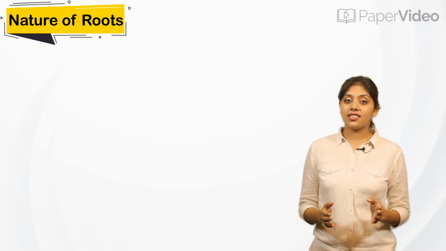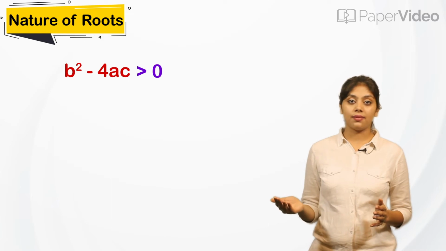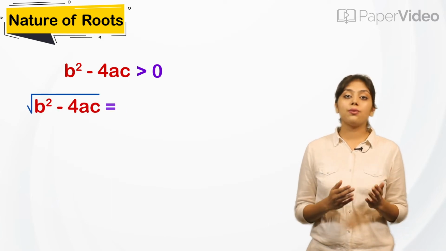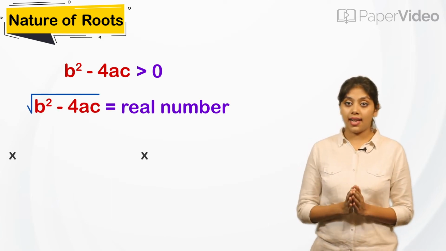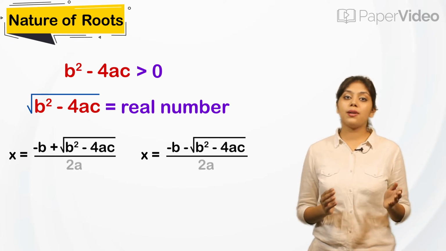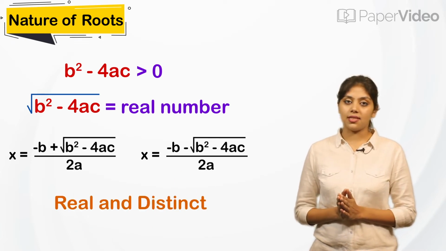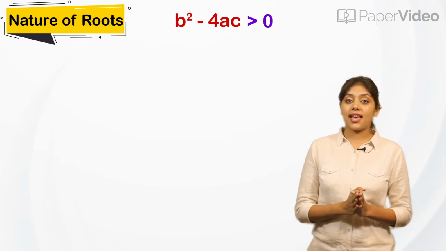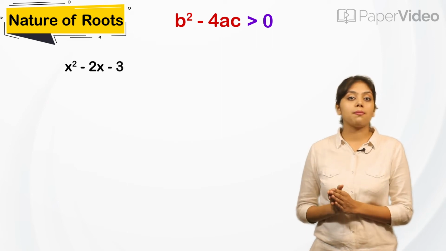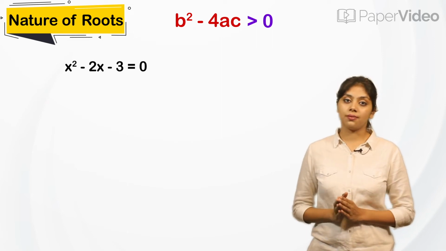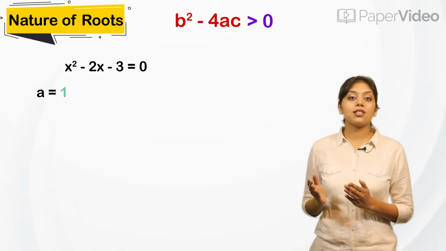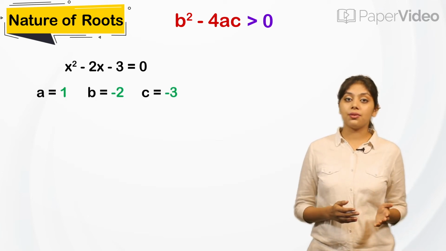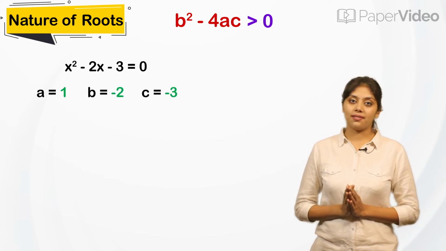If the value of the discriminant is greater than 0, then its square root will be a real number. Thus, the value of x will be two real and distinct numbers. Let's consider an example x square minus 2x minus 3 equal to 0. Here, a is 1, b is negative 2 and c is negative 3.